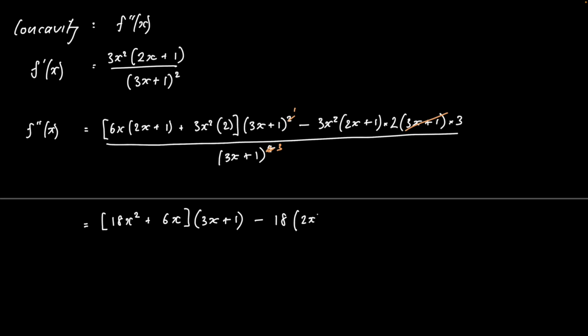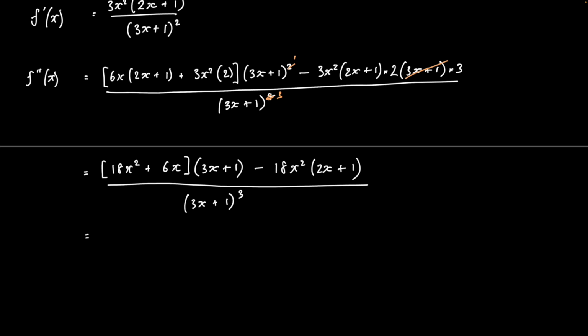Yes, that's right, 2x squared plus, no, sorry, try that again. Let's keep the x squared outside of the bracket. I don't know why we're doing that. That's just crazy. 2x plus 1. All right, and then divided by the same denominator, 3x plus 1 cubed.